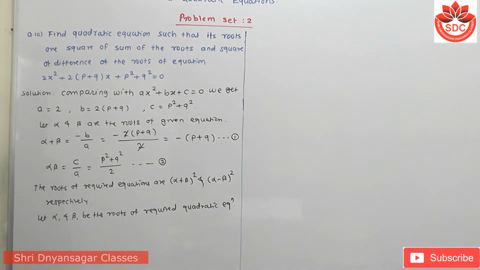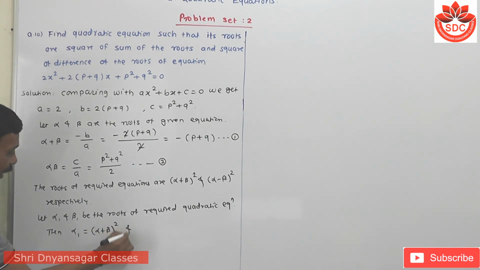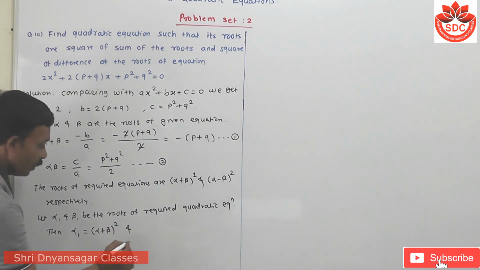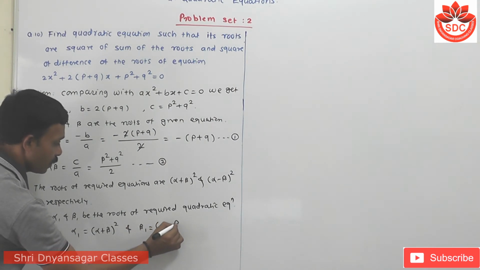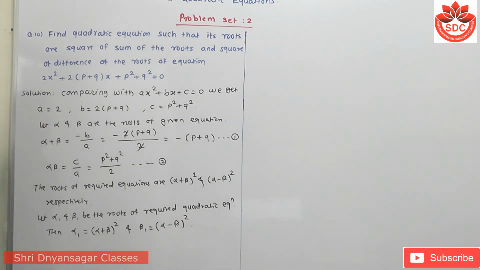Therefore alpha 1 is equal to alpha plus beta bracket square, and beta 1 is equal to how much? Alpha minus beta bracket square, because these are the new roots here.